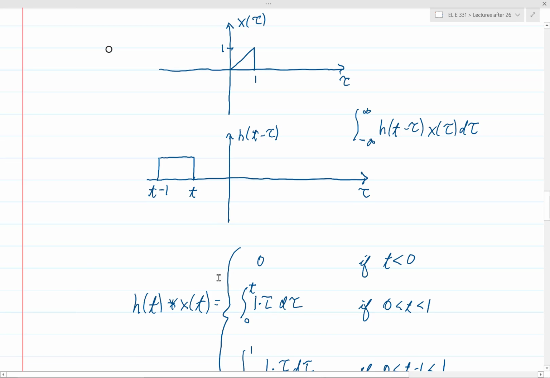Okay, so this convolution is clearly going to be equal to 0 if t is less than 0, because if t is less than 0, there's no overlap. So we have 0 if t is less than 0.